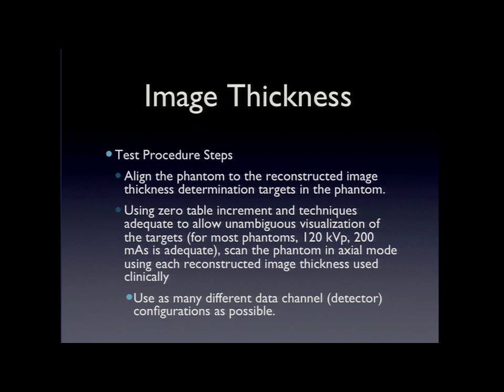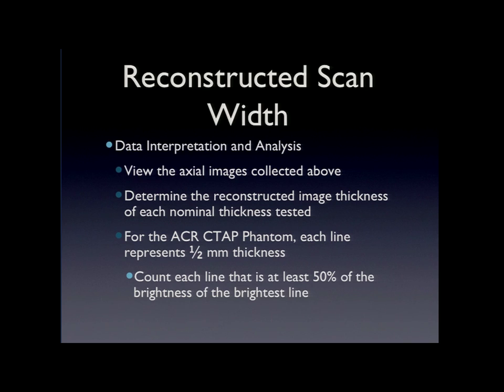So you zero the table once you get into the module where the image thicknesses are, and then you can get a scan. That's usually like the abdomen technique, somewhere around 120 kV, 200 mAs, and then you do different slice widths and get an evaluation of whether or not it's reconstructing these at the proper slice thicknesses.